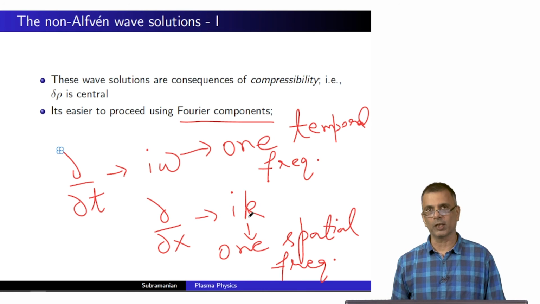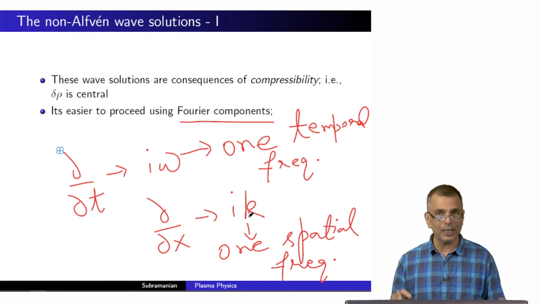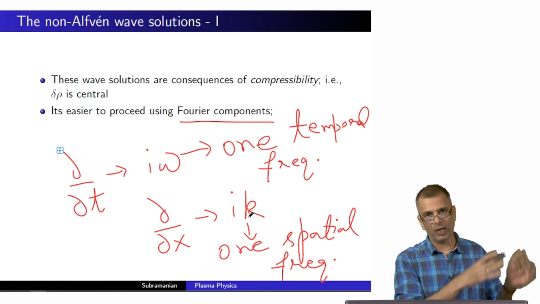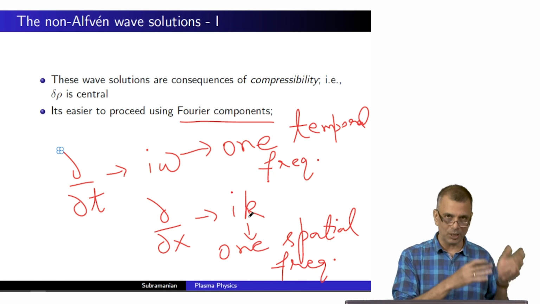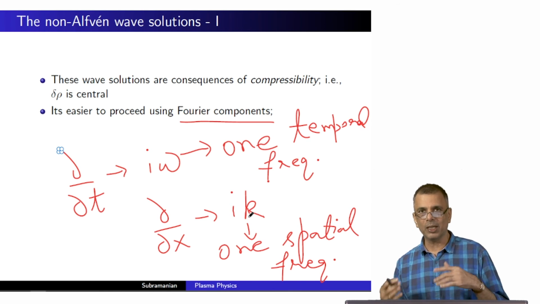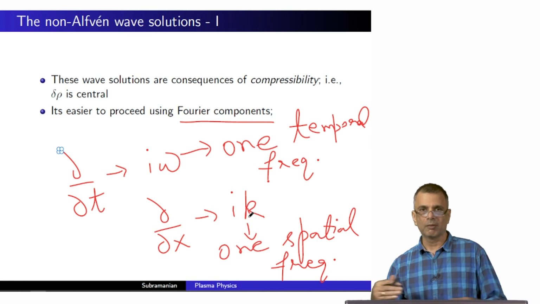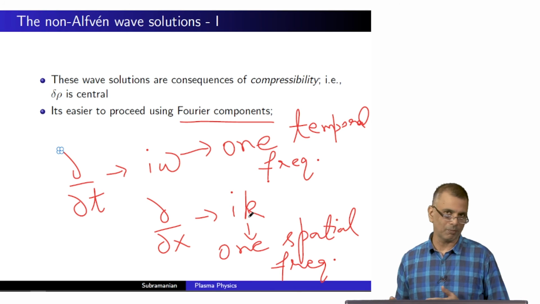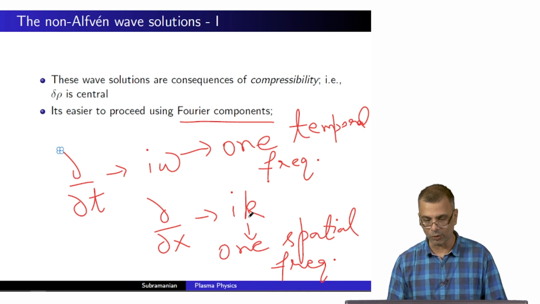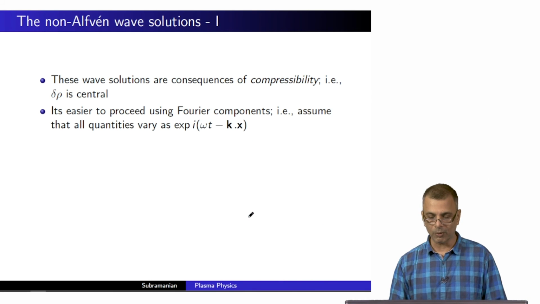But that's okay, the equation is linear, so the behavior for other frequencies, spatial and temporal, can be linearly superposed. You have the solution for one, and the solutions for the others look exactly the same. The functional dependencies are exactly the same. That's the whole advantage of doing Fourier language.